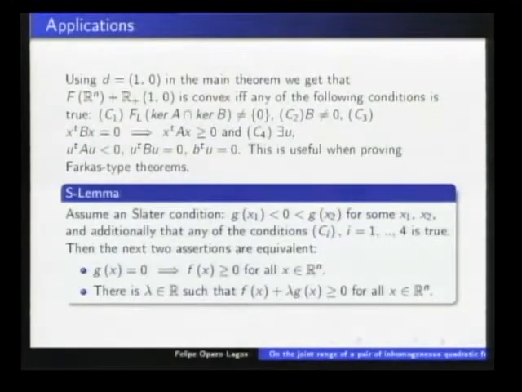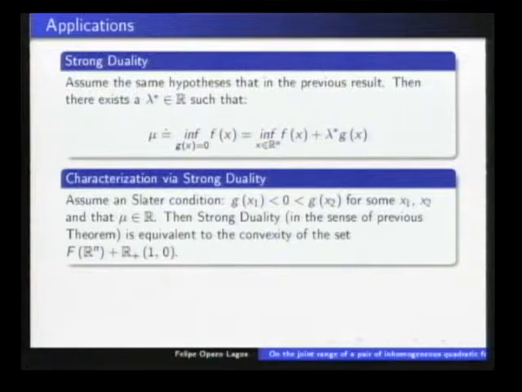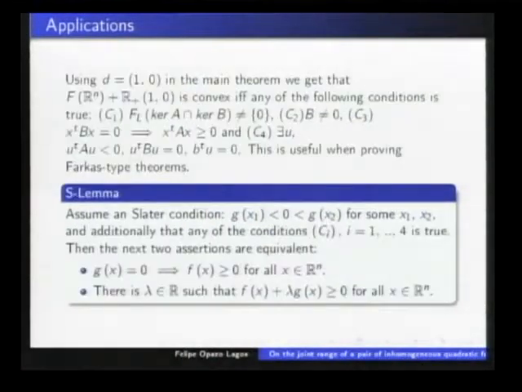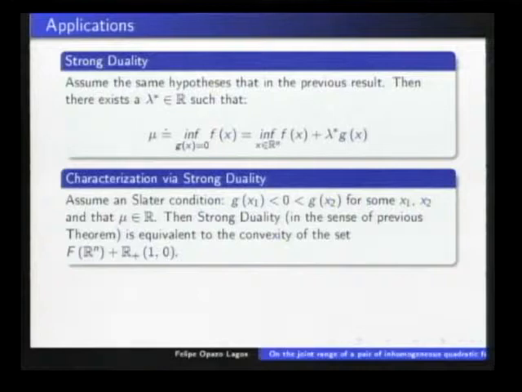And naturally, after the S lemma, we get the strong duality, with the same hypothesis, namely this set is convex, and a Slater condition, we get the strong duality property, and most important, the characterization of the convexity via strong duality, okay, which is a thing that can be expected because the previous results have this same way, except for the convex cone present here, convex cone of all this, okay?